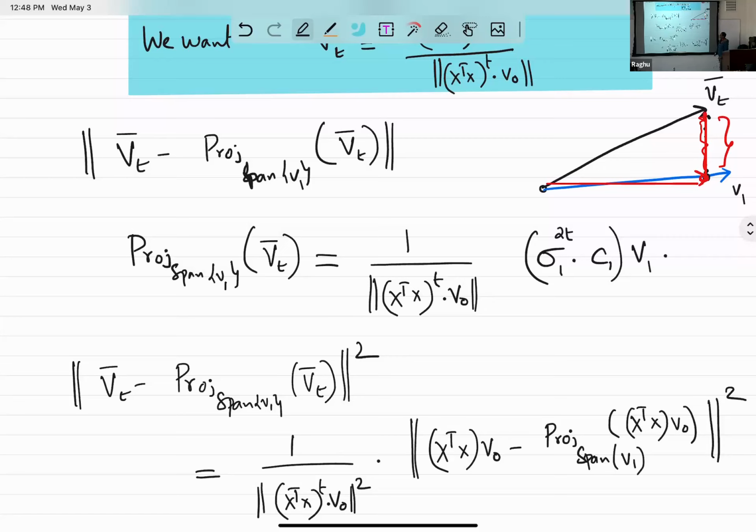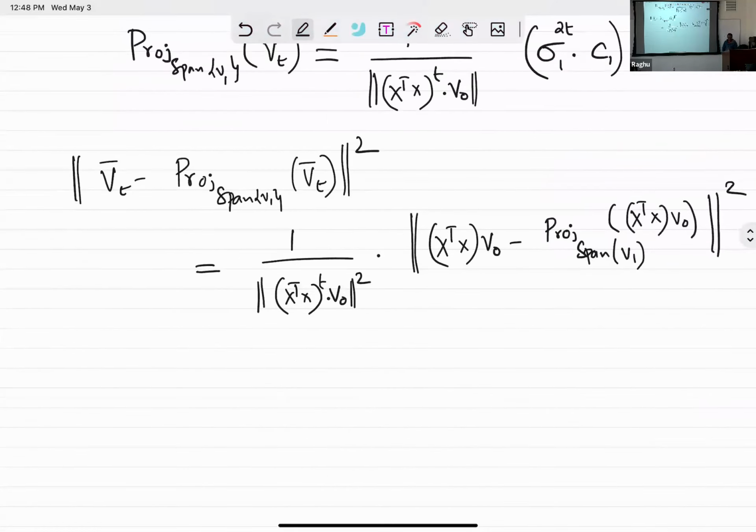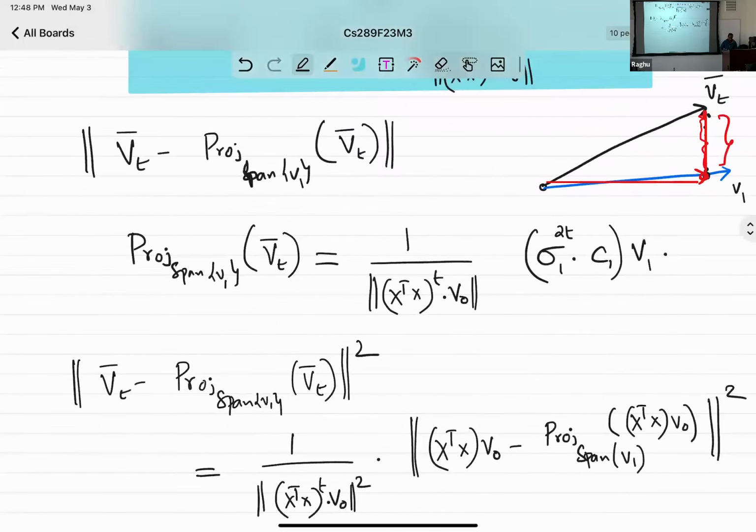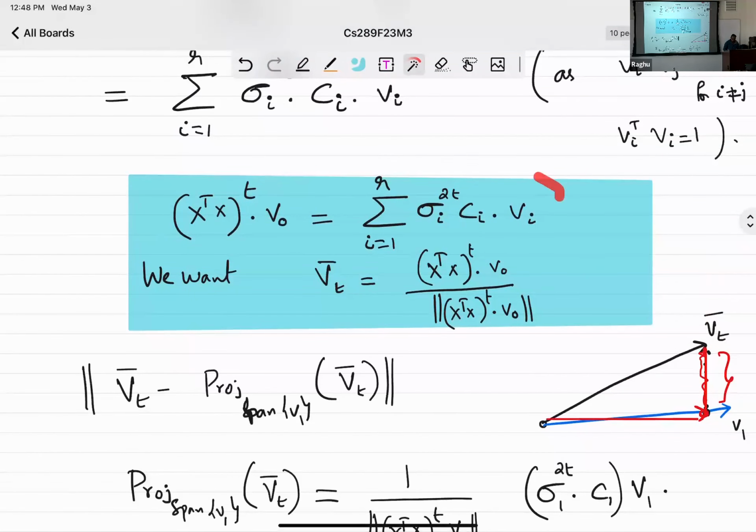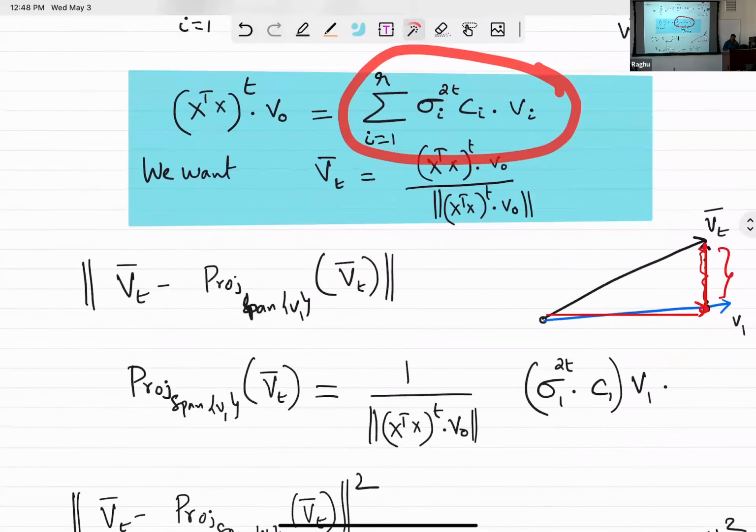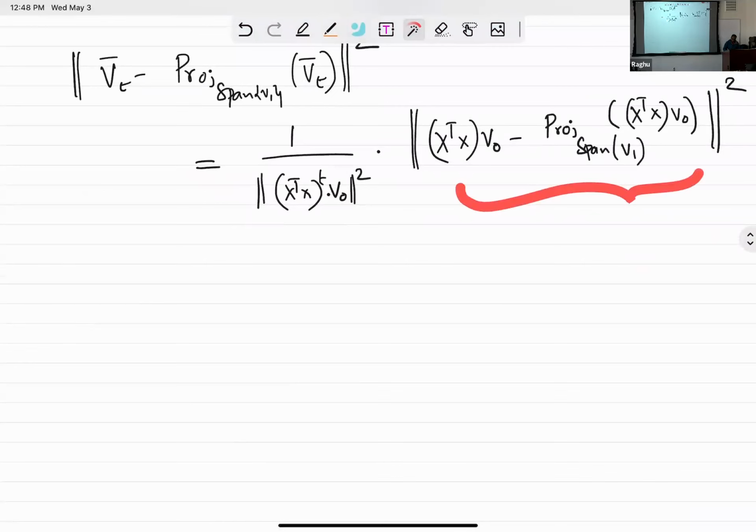Okay. So I have this vector x transpose x to the V0. I'm trying to check or compute the distance between that and the projection onto the first singular vector. But I have its representation in this basis, right? So what's the gap between what is this vector?